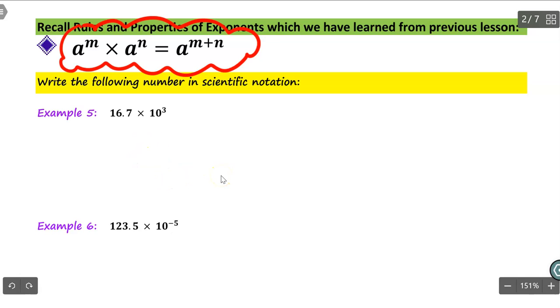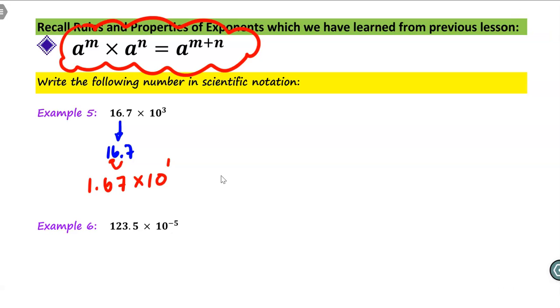So I will take a look at this number first. It's 16.7. What I do is I move the decimal point here. So it will be 1.67 times 10 to the exponent of 1, right? Because I am moving it to the left, so my k is a positive number.